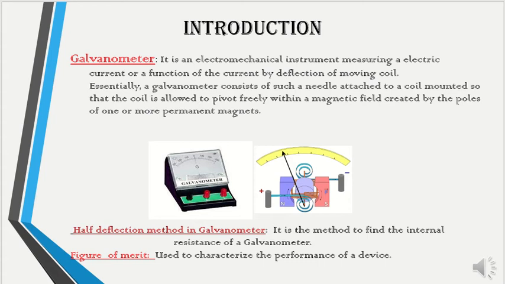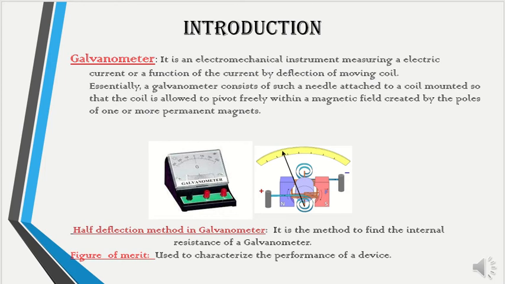Essentially, a galvanometer consists of a needle attached to a coil mounted so that the coil is allowed to operate freely within the magnetic field created by the poles of one or more magnets. Basically, it is an instrument to measure electric current with the help of a moving coil, and it consists of a needle and a coil placed between two magnets, and when a magnetic field is created the needle moves and the electric current can be calculated.